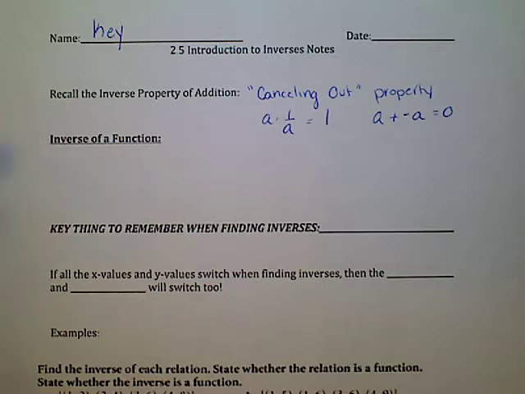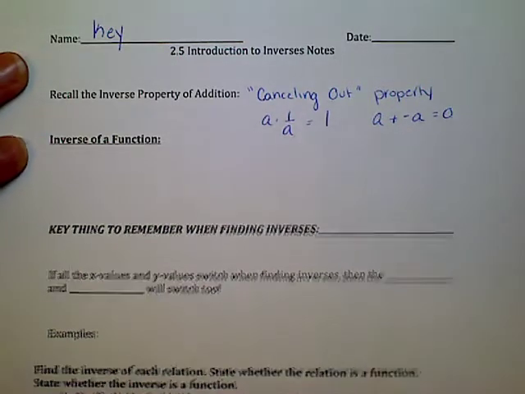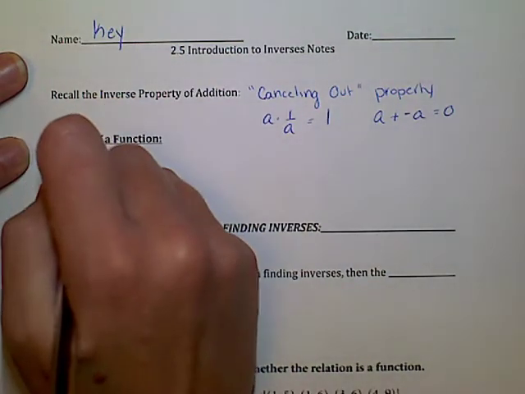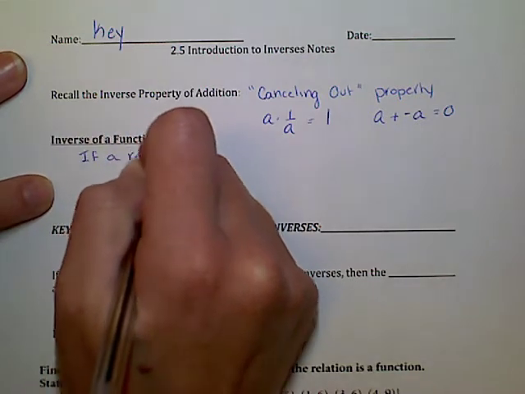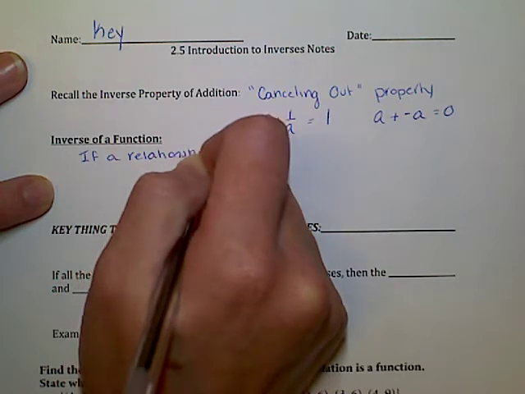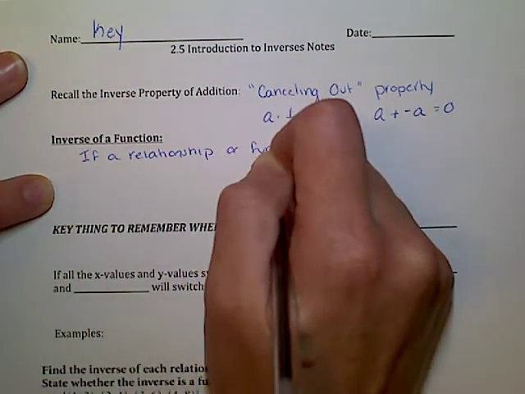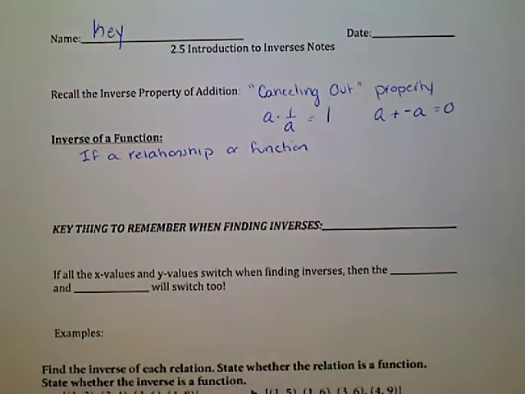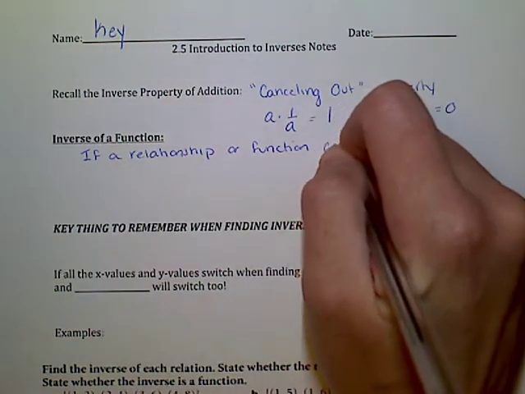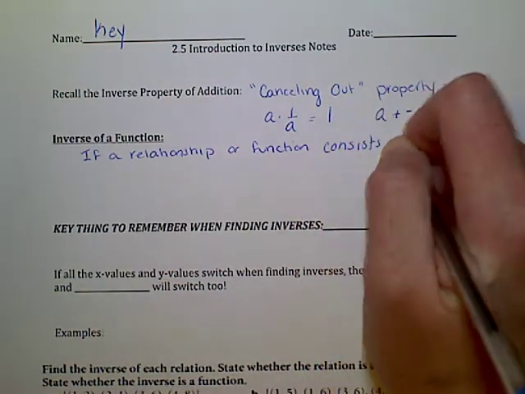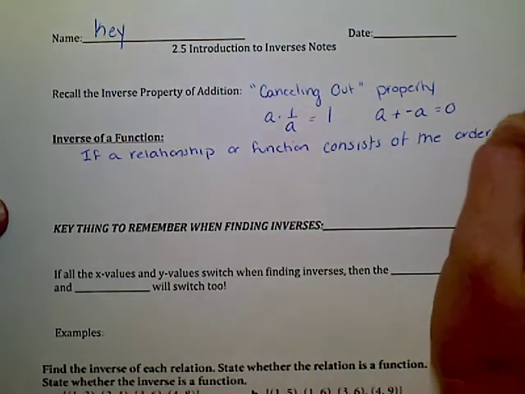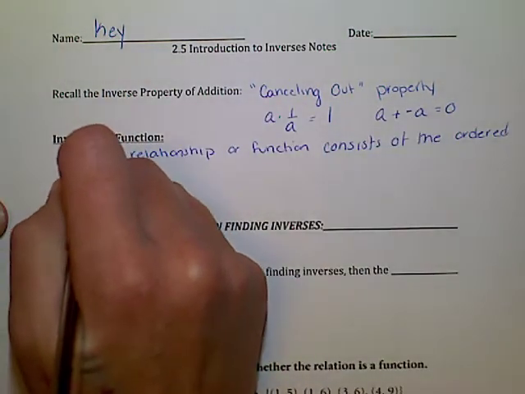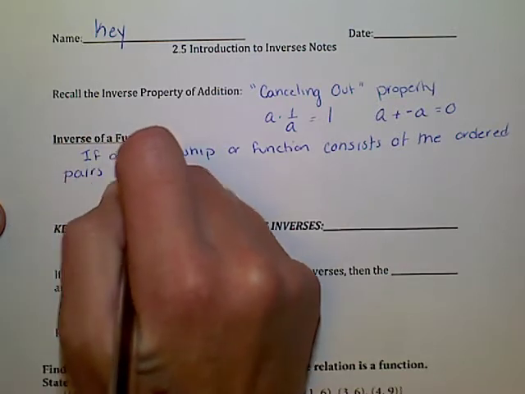And the really fancy definition of an inverse of an entire function or relationship is this. If a relationship or function, doesn't have to be a function I suppose, consists of the ordered pairs, so just a set of points, x comma y.